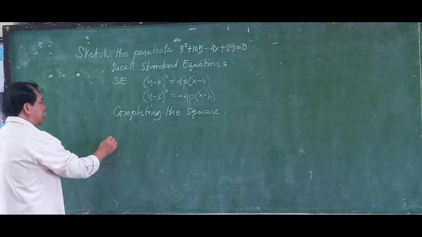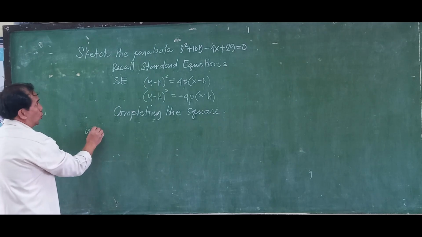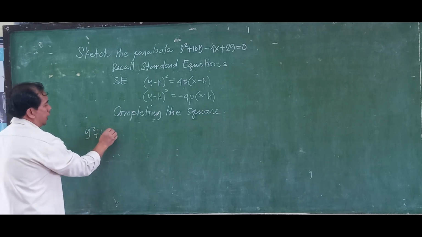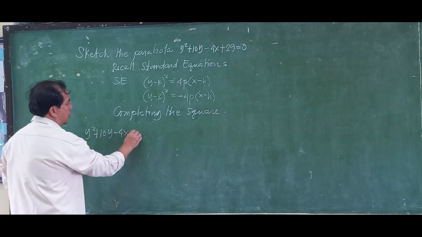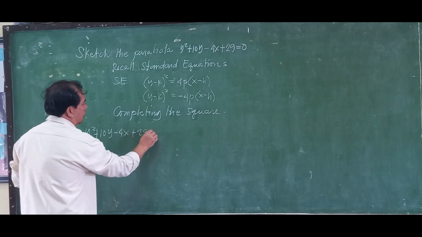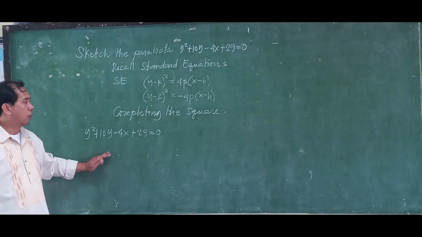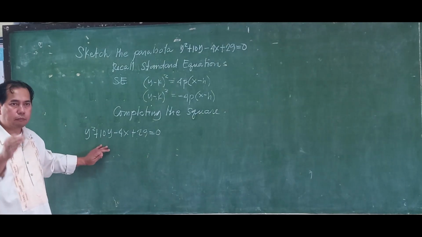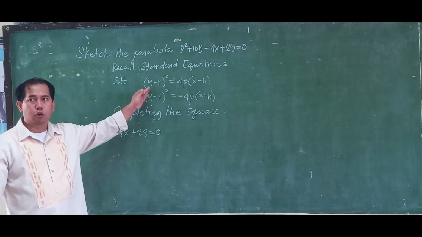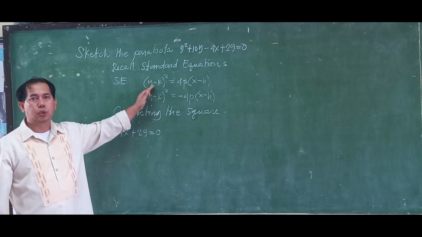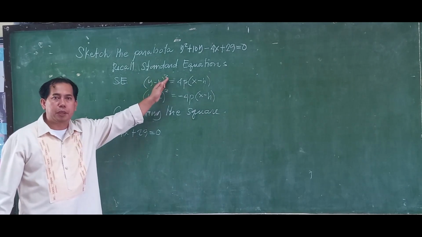Okay? It says in there, your equation says that y raised to 2 plus 10y minus 4x plus 29 is equal to 0. How do you do that one? Okay, how will you get a binomial factor that is raised to the second power?